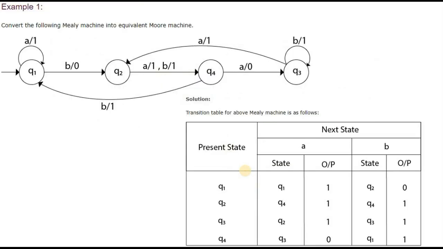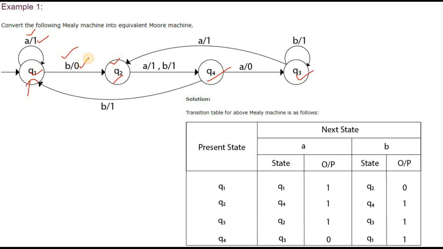This is the problem. So they have given a state machine. Q1, Q2, Q4 and Q3 are the different states present in the sequential machine. If you look at Q1, Q1 goes to Q1 with input A and output 1, and the same Q1 goes to Q2 with input B, output 0.